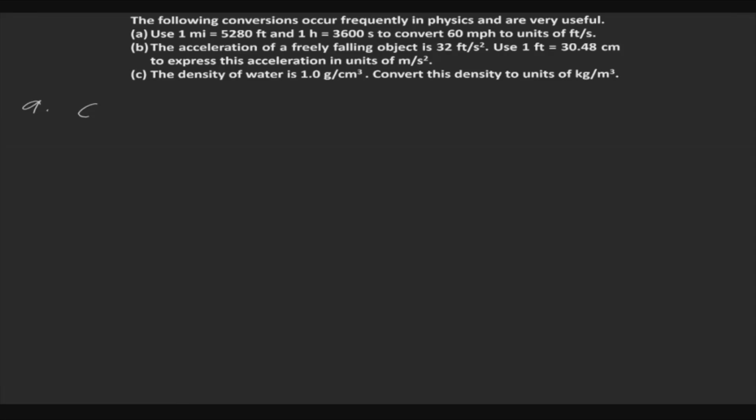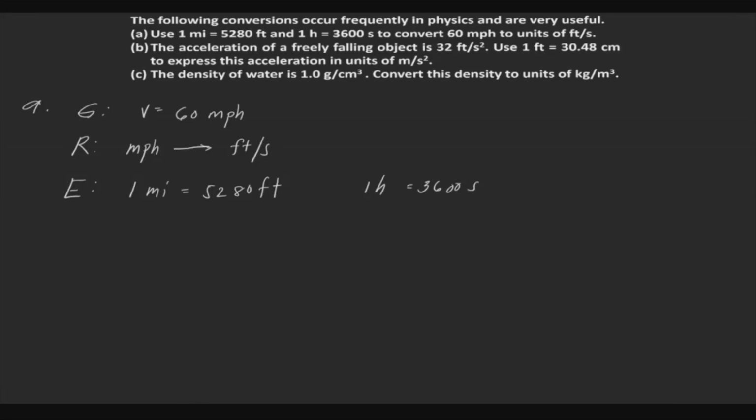So we have a given velocity of 60 miles per hour and we are required to convert miles per hour to feet per second. For our equation, we take note of our conversion factors: 1 mile is equal to 5,280 feet and 1 hour is equal to 3,600 seconds.